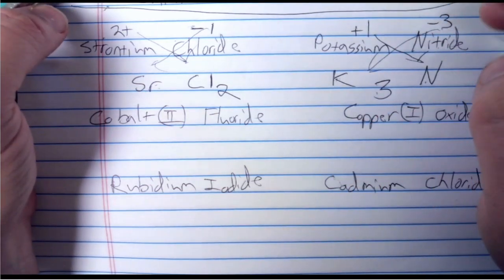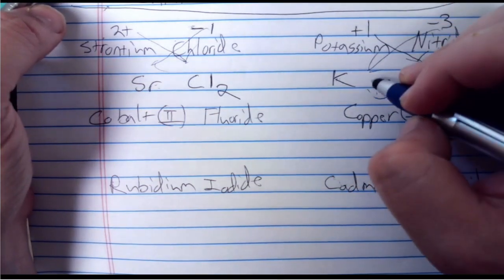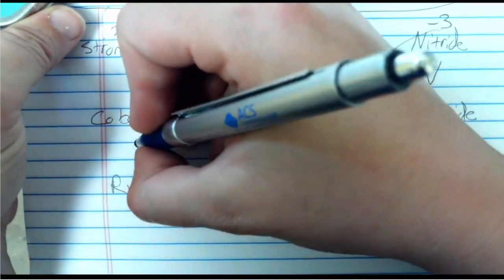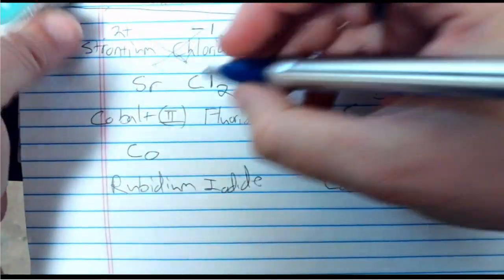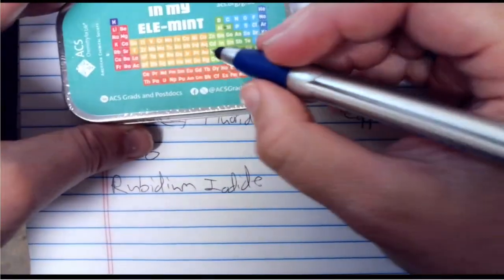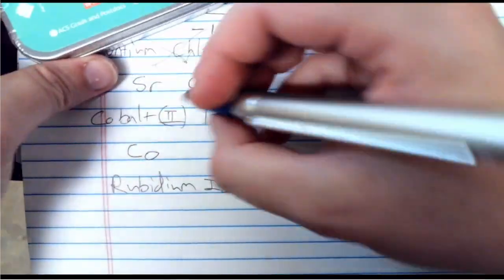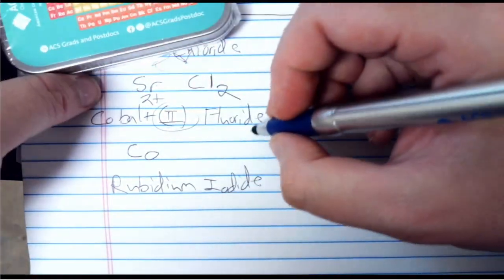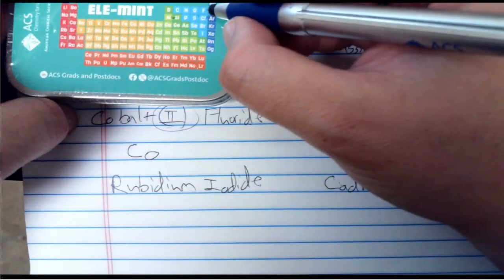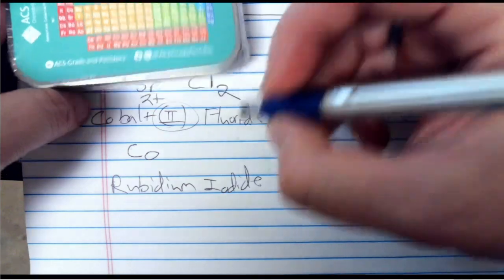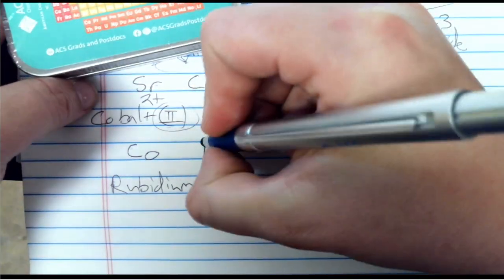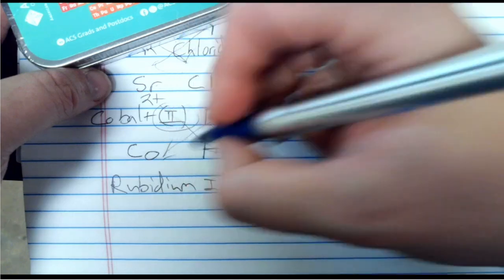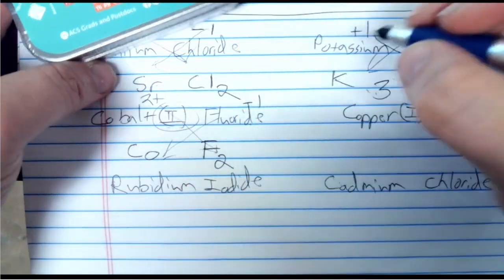K3N is potassium nitride because that counterbalances these. Cobalt 2 fluoride. Well, cobalt is Co. Cobalt is a transition metal, but it tells us it is 2 plus. Fluoride is right here on group 7, so that's 1 minus. Crossing them down, CoF2.